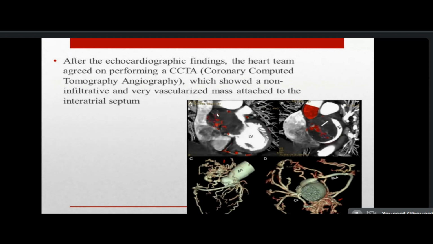Here we have the huge mass that occupied all the left atrium. So the next step is that the patient was scheduled for a surgical resection.